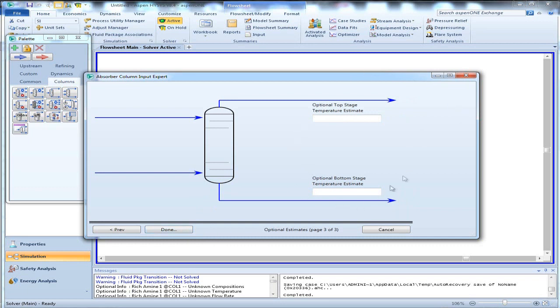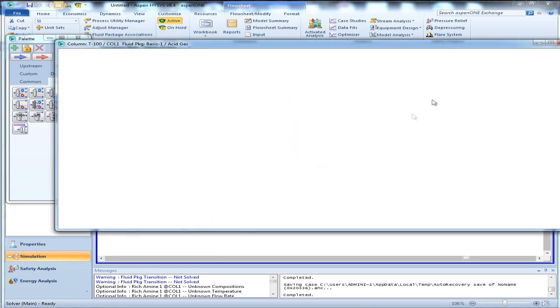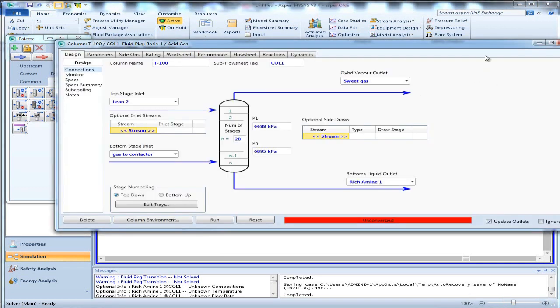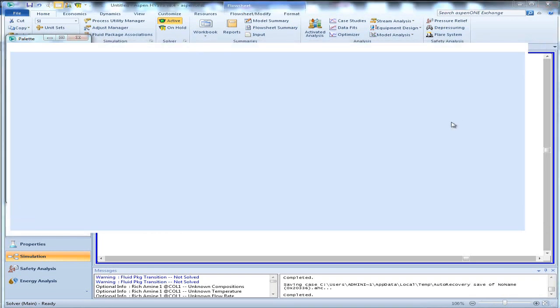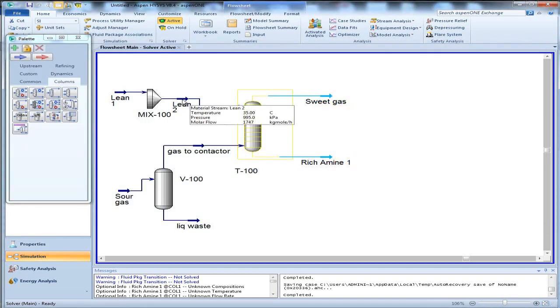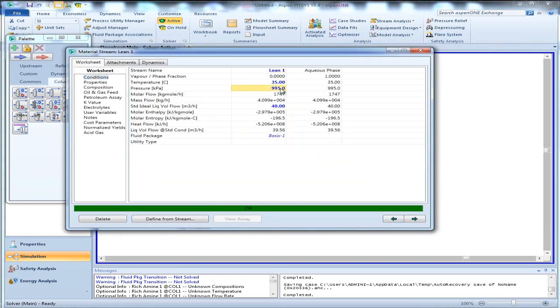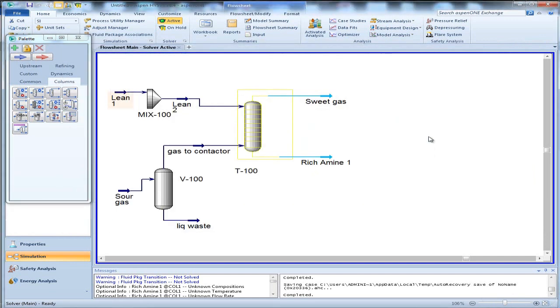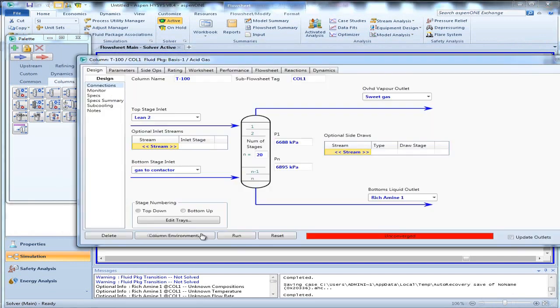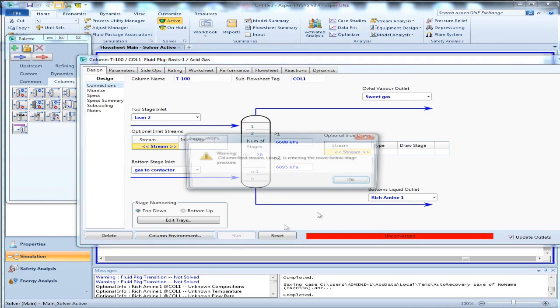For the case of temperature, this is an optional item, so we don't need to use that. I need to replace that. We'll hit run.